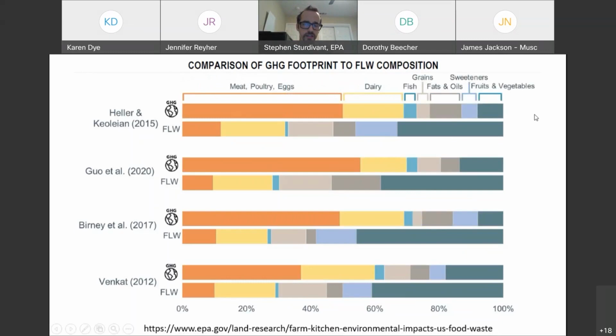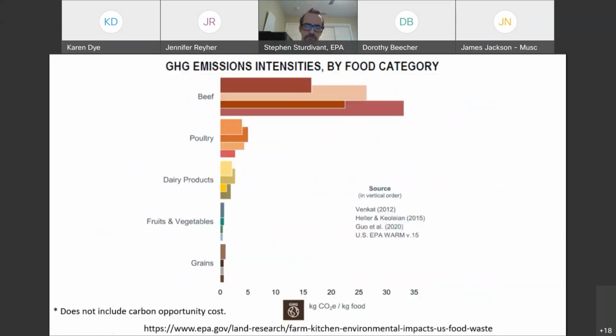You see that it's vastly different. And this is what it looks like per pound of different food category, the emissions impact. These are from 4 different sources. So you can start to see that different foods have different impacts on the environment.